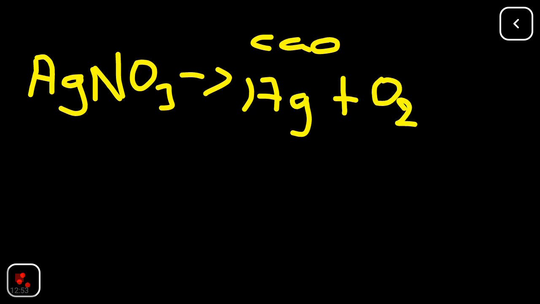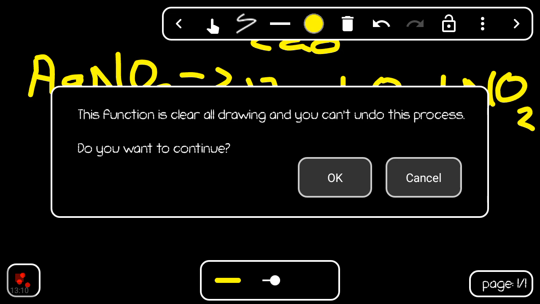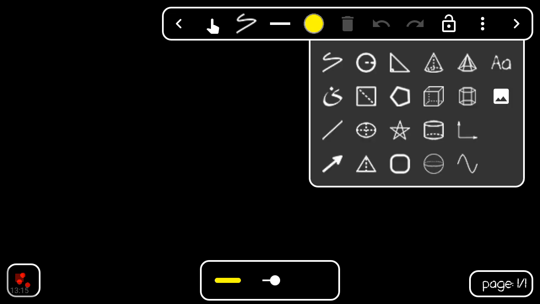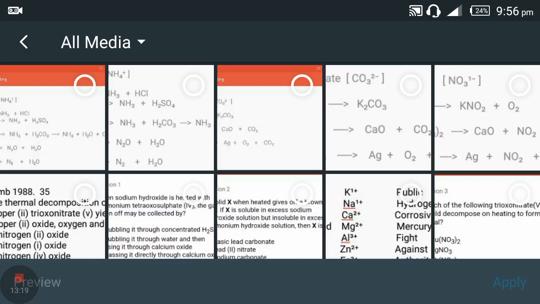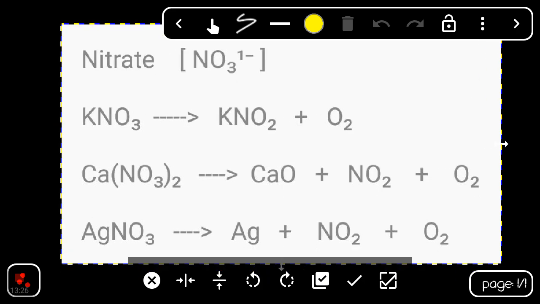Then plus the non-metal oxide that was given by the C to C, plus the other oxygen, but no need of putting another oxygen there, as we just have it there. Let me show what I really mean here. If it looks confusing, let me show it on paper and explain it. I try my best to give the easiest way of knowing it. So this is actually what I mean here.